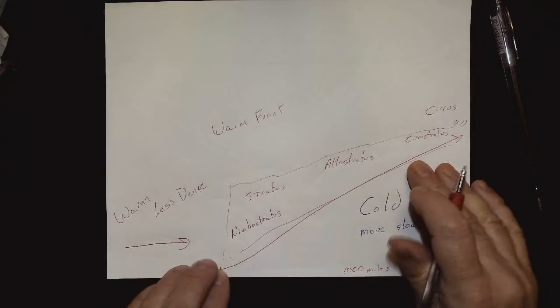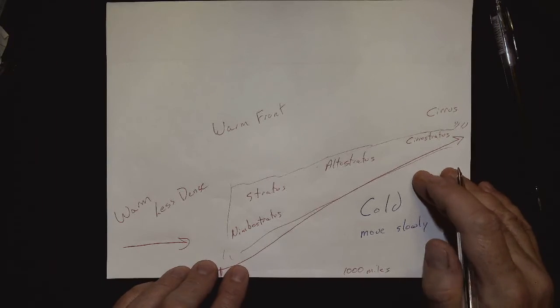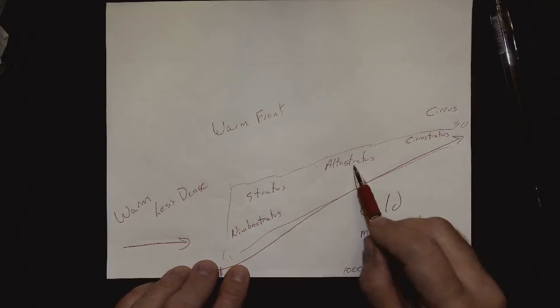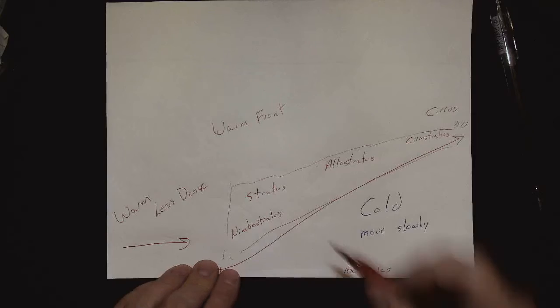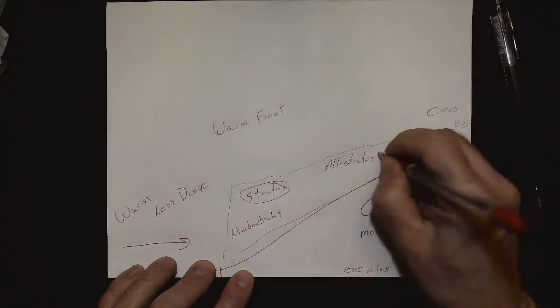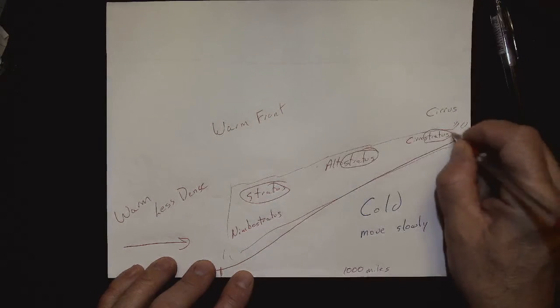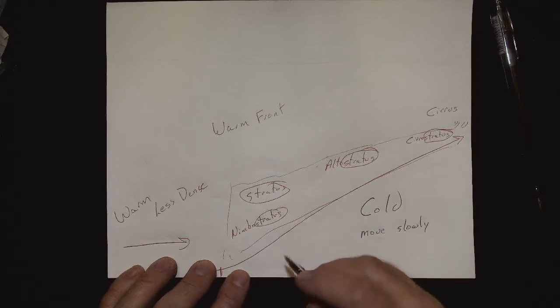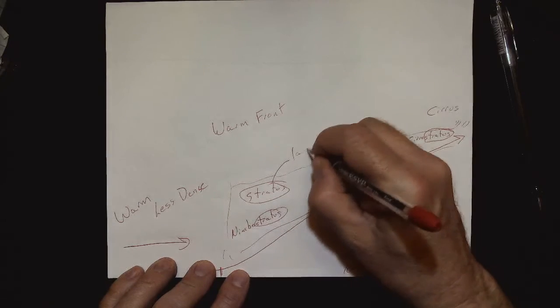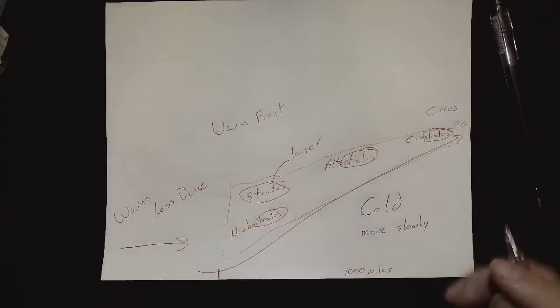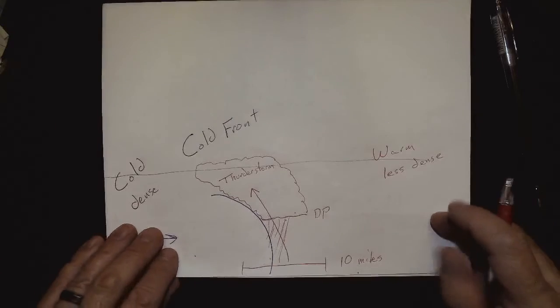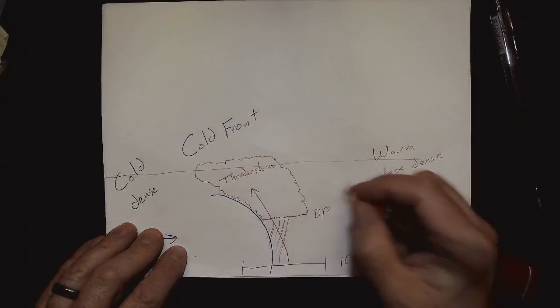This would be the warm front suite of clouds. Cirrus, cirrostratus, altostratus, stratus, nimbostratus. Notice the thing they all have in common? They are all stratus. That's right. All stratus. And what does stratus mean? Layer. Layer clouds.